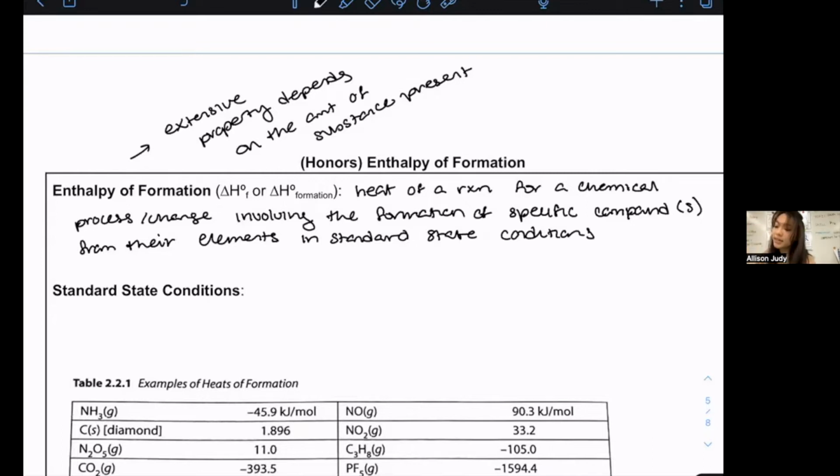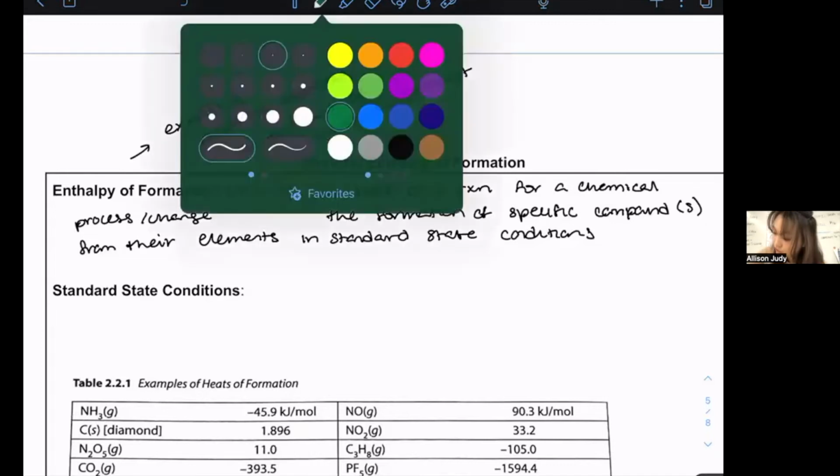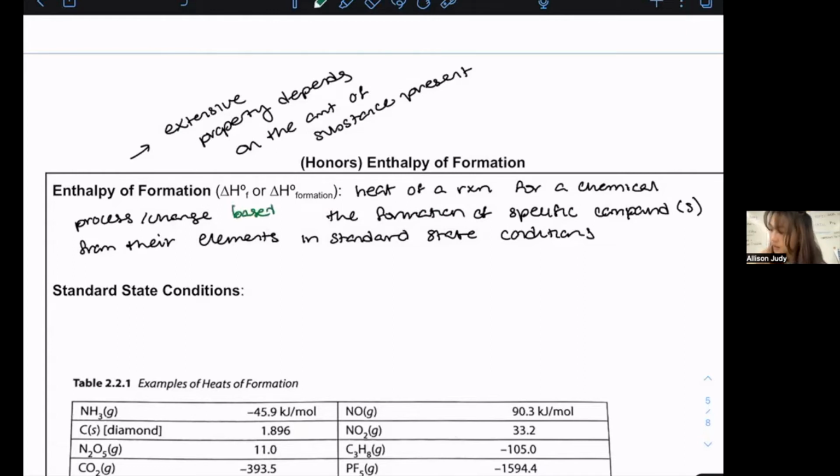So what it's saying here is that instead of just doing products minus reactants, easy peasy, now we're looking at what amount of enthalpy each compound contributes to the overall sum enthalpy of the process. So maybe I shouldn't say the word involving. Maybe I should say the heat of a reaction for a chemical process or change based on the formation of specific compounds from their elements in standard state conditions.